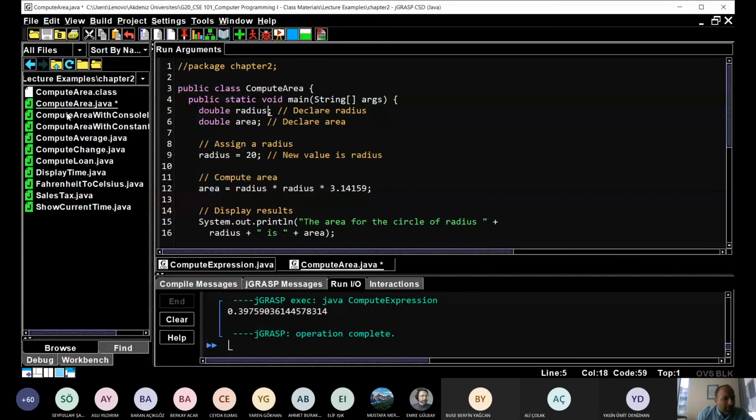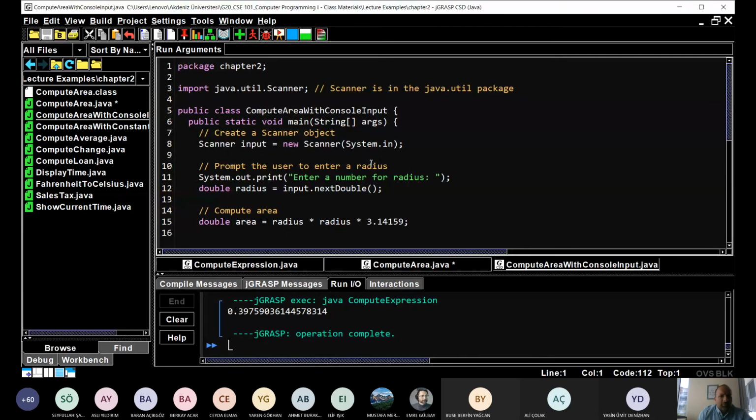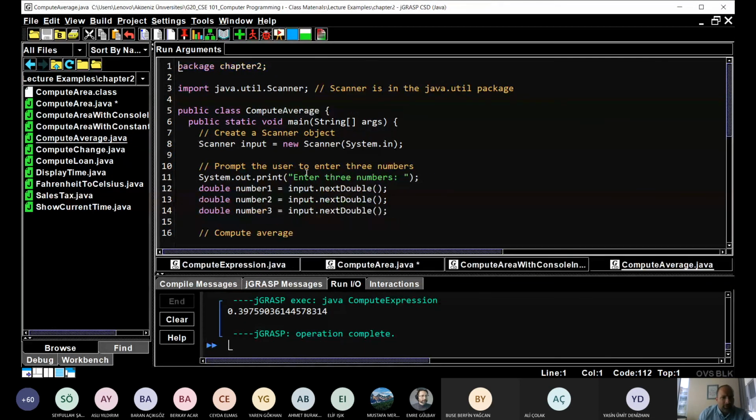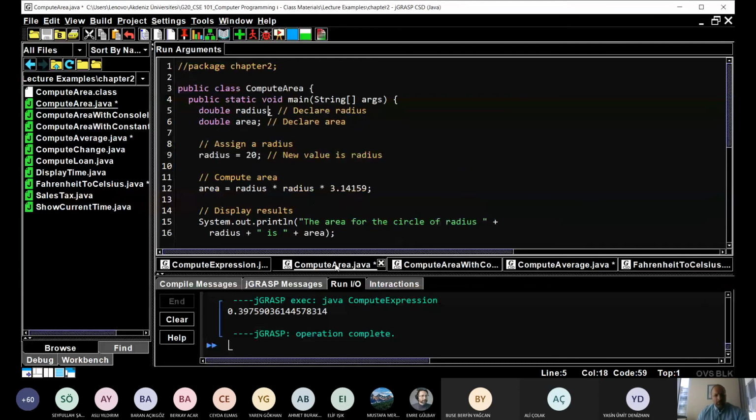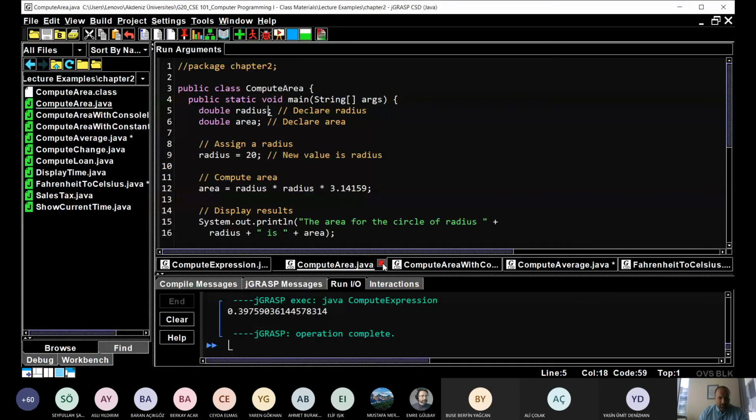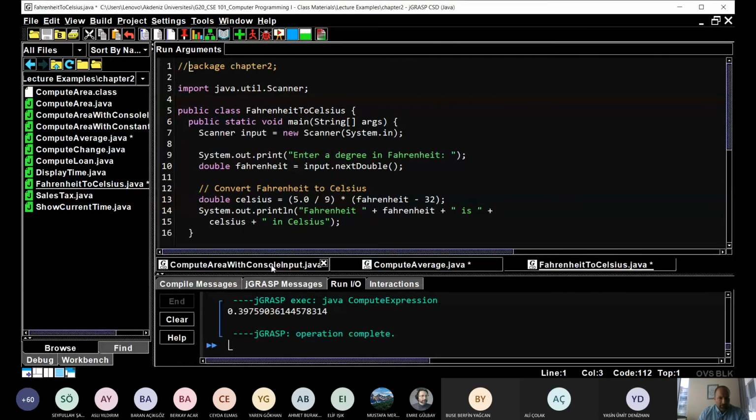We have the compute area, which we already looked at. Compute area with console input, I do want that one. Average. And let's do this one.